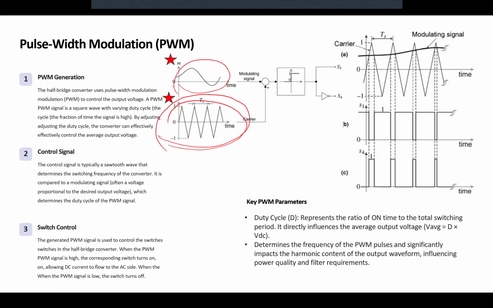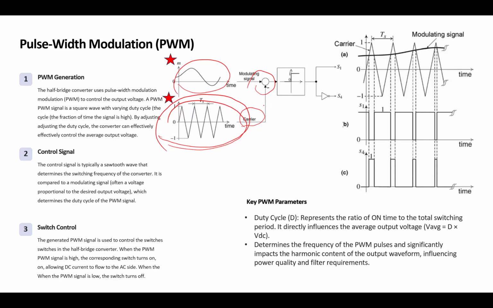We have our desired signal, and here we calculate the reference, the modulation signal, minus this triangular wave, which we call the carrier signal. Then, if the result is positive, we turn the switch on. If the result is negative, the switch is off, for the half bridge.